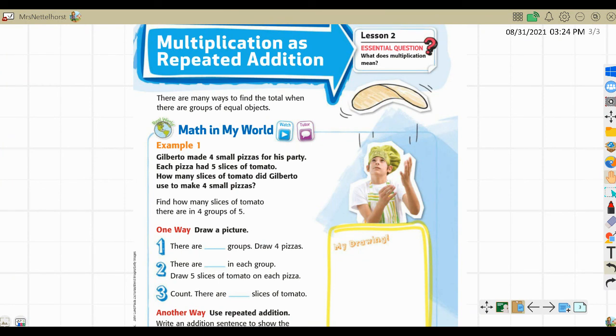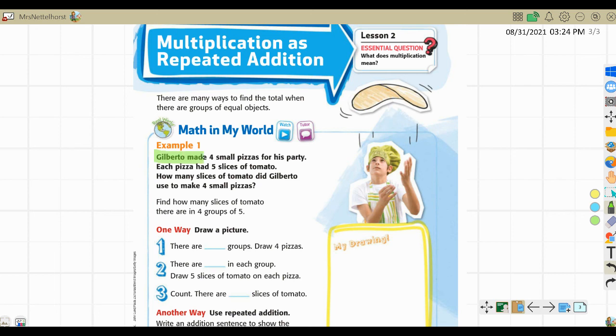Okay, so there are many ways to find the total when there are groups of equal objects. So let's look at our word problem. I'm going to get out my highlighter. Remember that we don't read the numbers and we don't read the question in 3rd grade when we're first doing word problems.